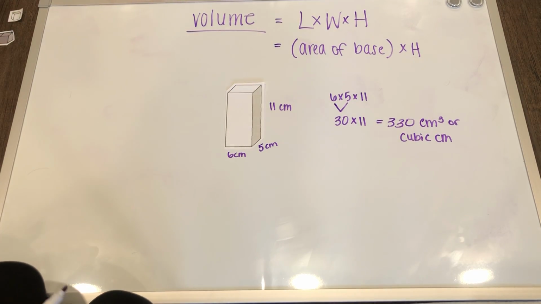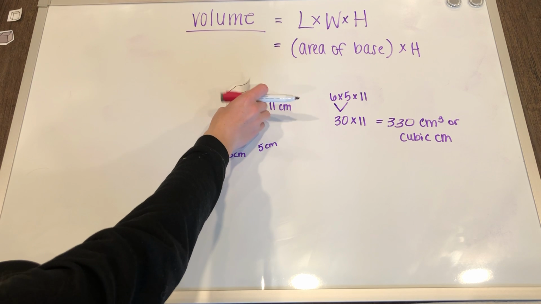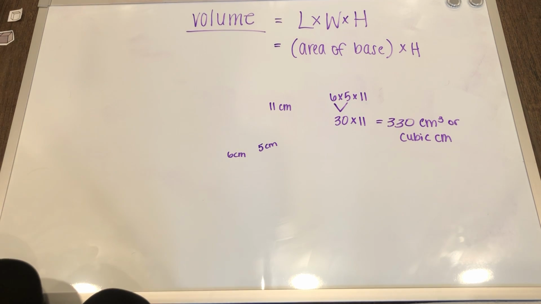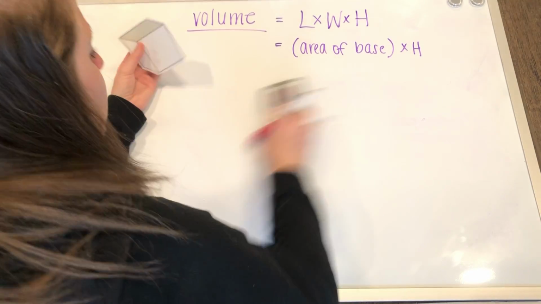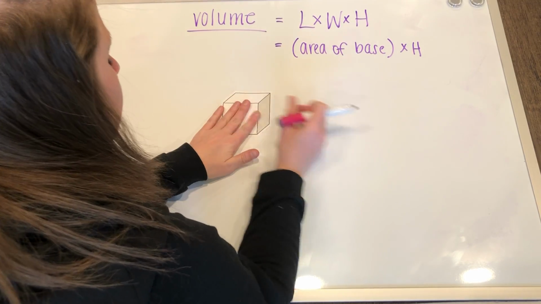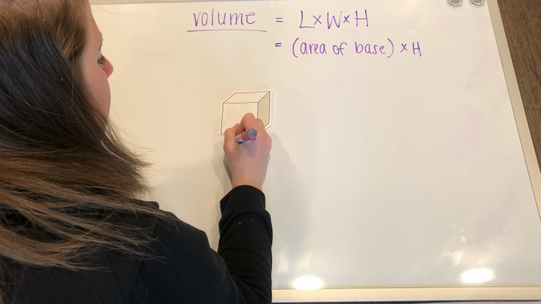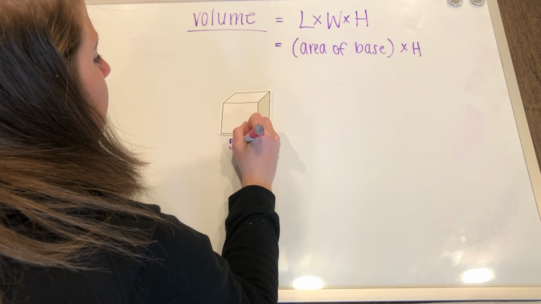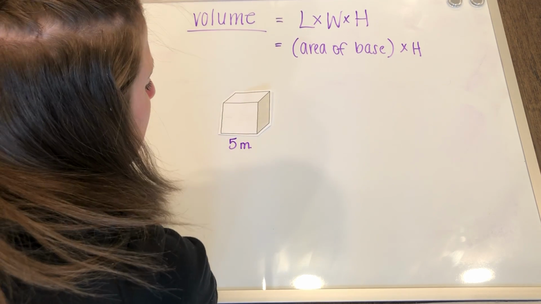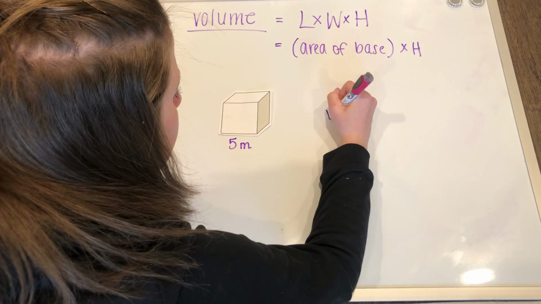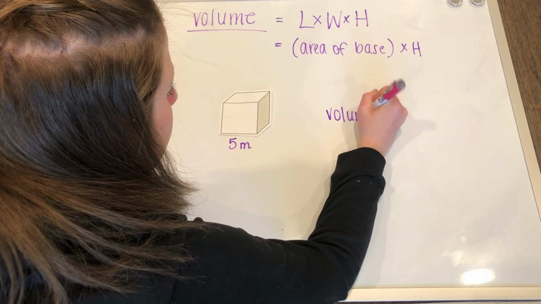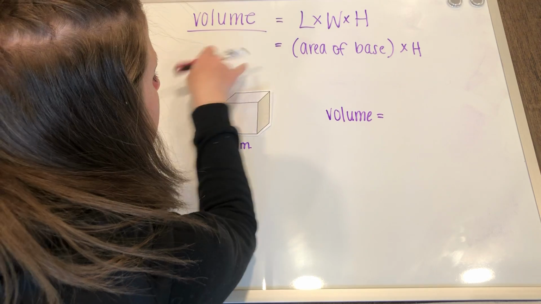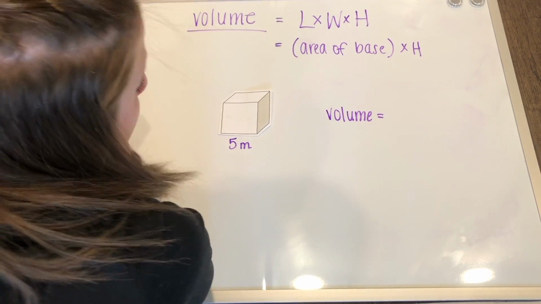Now, what if you're given a rectangular prism like this, and they want you to find the volume, but all they say is that your length is 5 meters. But this is a cube. So what do we know about cubes?